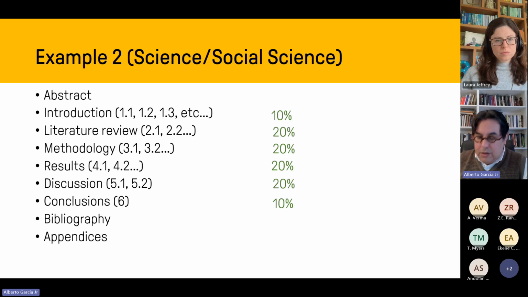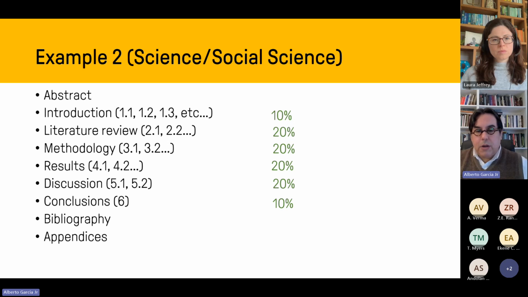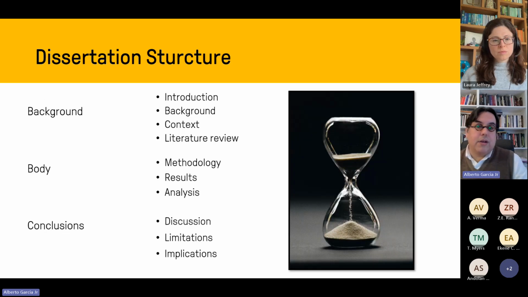You can notice that between sciences, social sciences, and humanities, there's perhaps a little more fluidity in the structure for humanities, but essentially we're still trying to express this information in a very structured way. One thing that I always think about, and I think it's helpful, is to think about a structure a bit like an hourglass model.